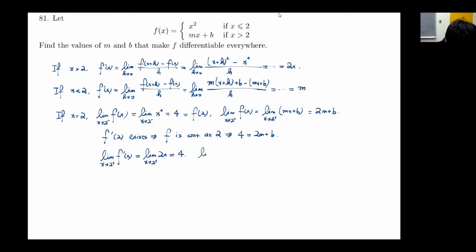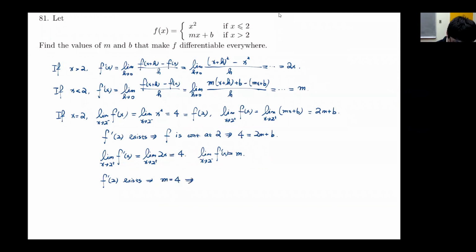On the other hand, the left-hand limit of f prime of x as x approaches 2 is simply going to be the left-hand limit of the constant function m. Well, that way we see that the left-hand limit is precisely going to be m. Okay, so f prime of 2 exists implies that these two are the same, so what we get is m equals 4.